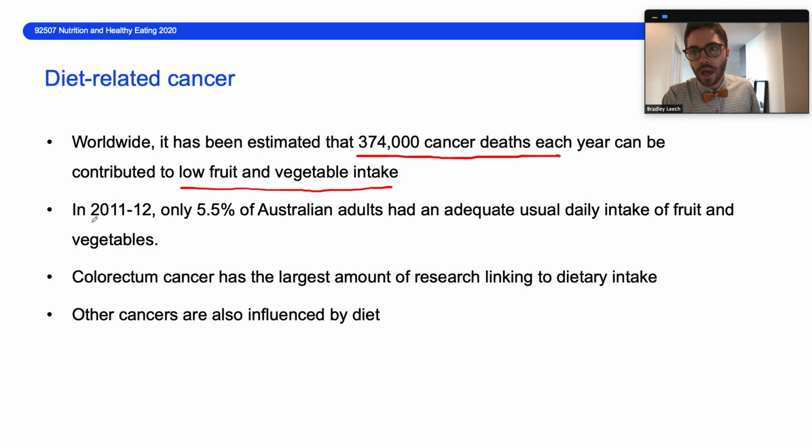Look at this. Between 2011 and 2012, only 5% of Australian adults had adequate intake of fruit and vegetables. Not many. We can reduce the risk of colorectal cancer by increasing dietary fiber.